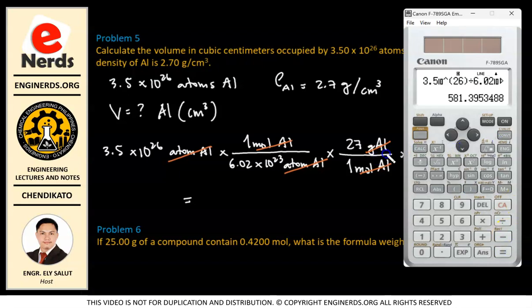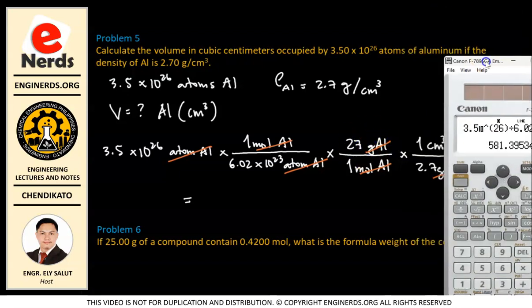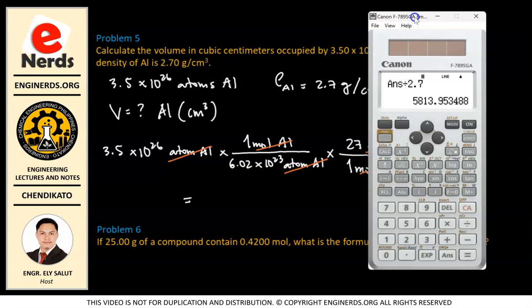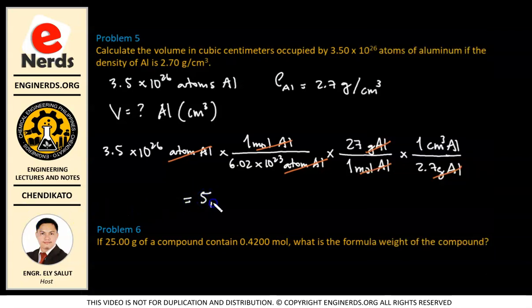Then I'm going to multiply this by 27, and then divide it by 2.7. So our answer here will be 5,813.95 cubic centimeters of aluminum. This is our final answer here.